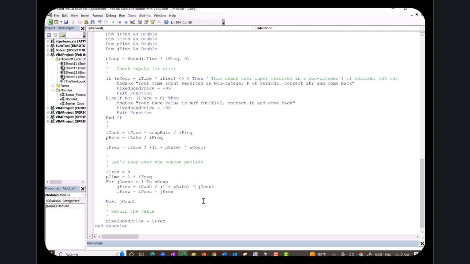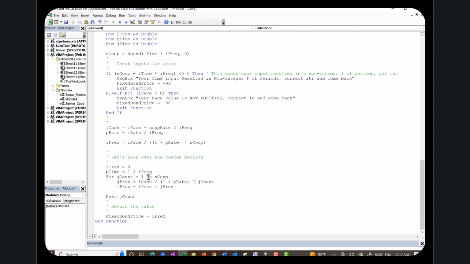If it's quarterly, that's 0.25, and so on. So I'm basically measuring the length of each period in years. That's what P time is. And I'm going to calculate within this loop J time as P time times J count. If I'm dealing with the 4th period and it's semi-annual, J time is going to be 2. If it's quarterly, J time is going to be 1, because each of them is a quarter. 4 times a quarter is 1.